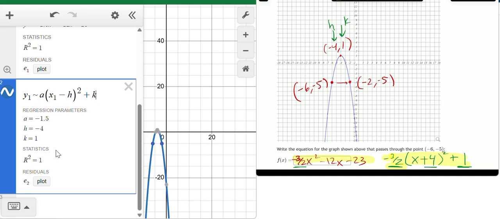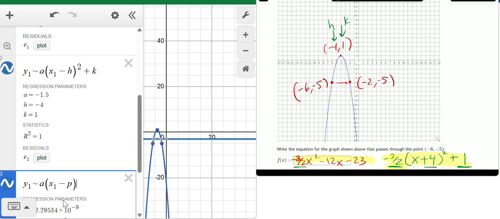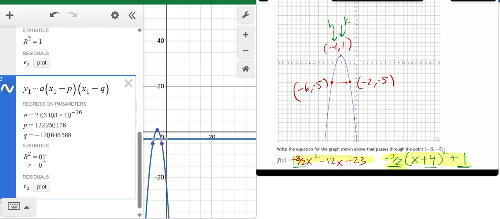Right, if I wanted this to give me my equation in intercept form, if you guys remember, intercept form is y1 is similar to a times x minus p times x minus q, right? So if you go x1 minus p and x1 minus q, you can look down, and it will give you your x-intercepts.